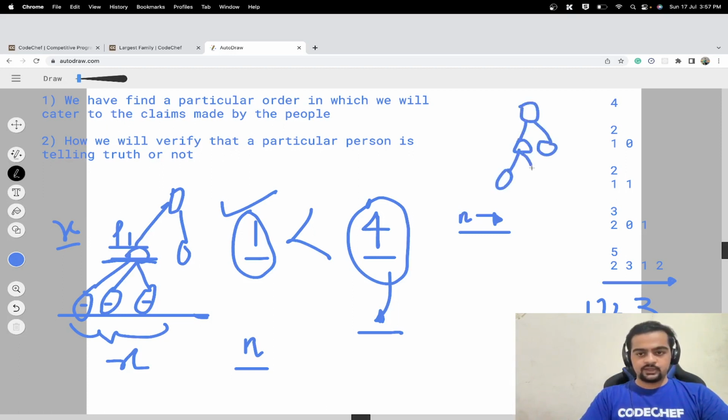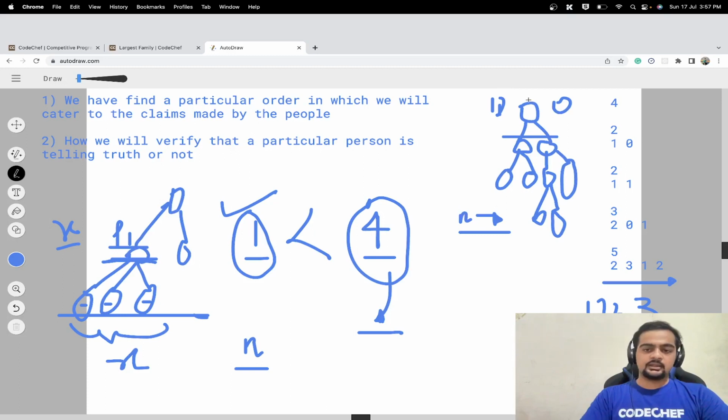It would have at least one person at the topmost level. People over here can be two as well, but here it would be at least one. And the person at the topmost level would not be a child of any of the people over here, because he is the starting ancestor.